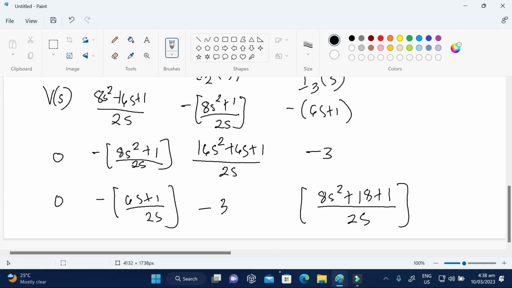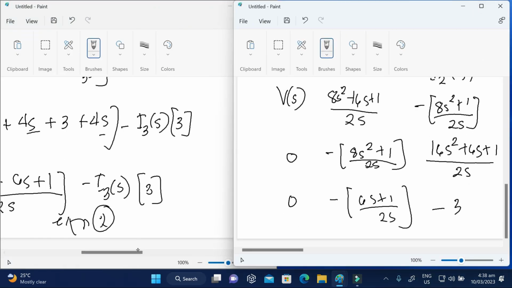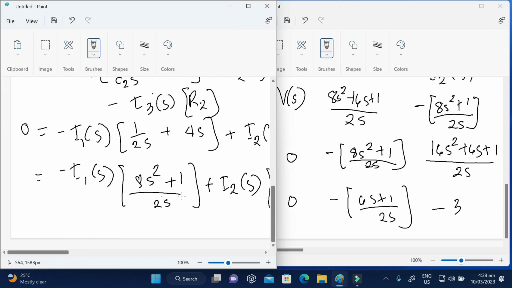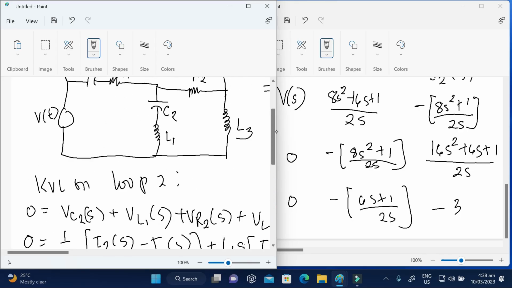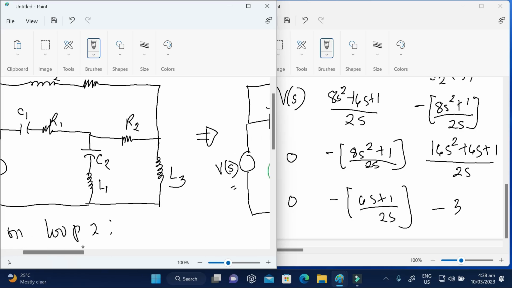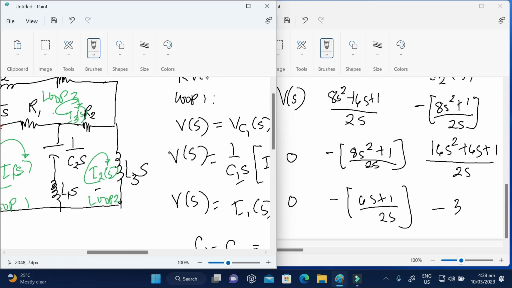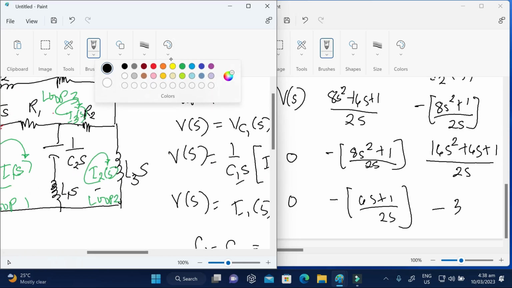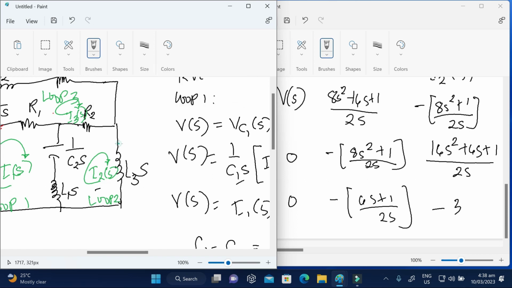Okay? So, paano kung gusto kong kunin yung output across your L3? Depende sa output na pinakukuha. So, kung sa L3 tayo kukuha ng output, so, paano ko ito yung output natin? The output of S. Okay?